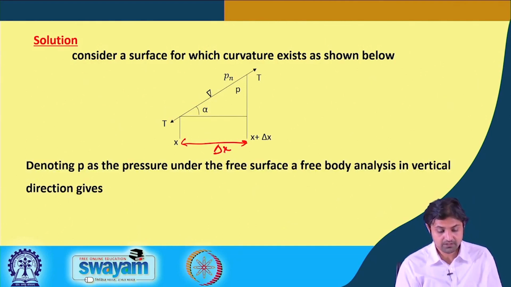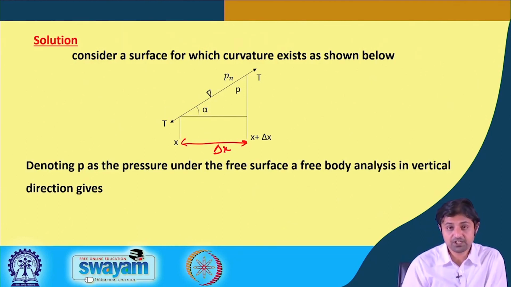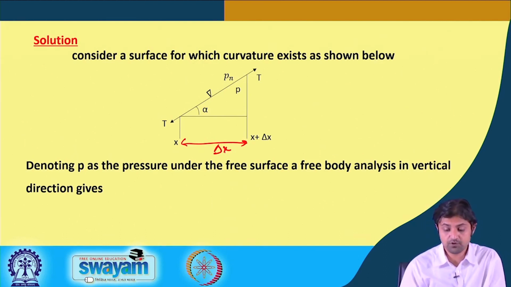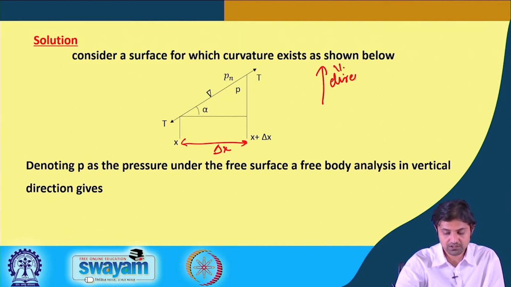All right. So, if we denote P as the pressure under the free surface, we do a free body analysis in the vertical direction. So, this is the vertical direction.